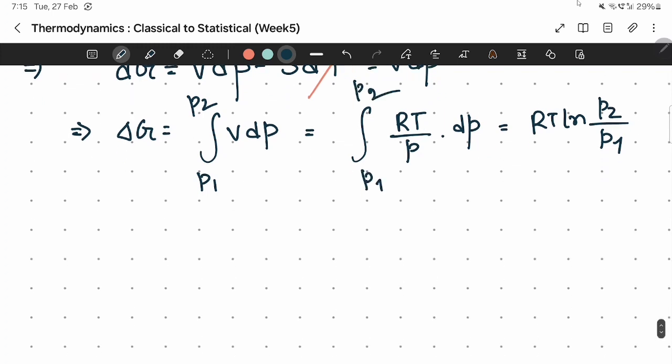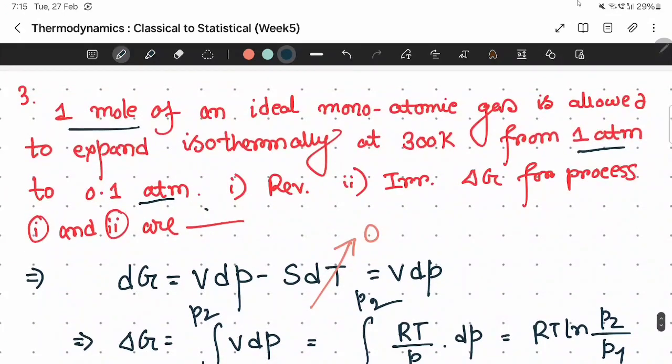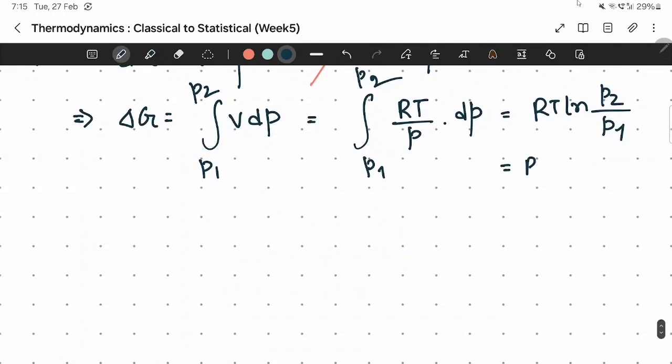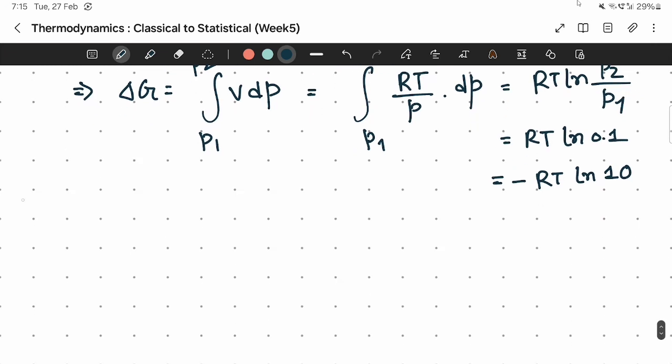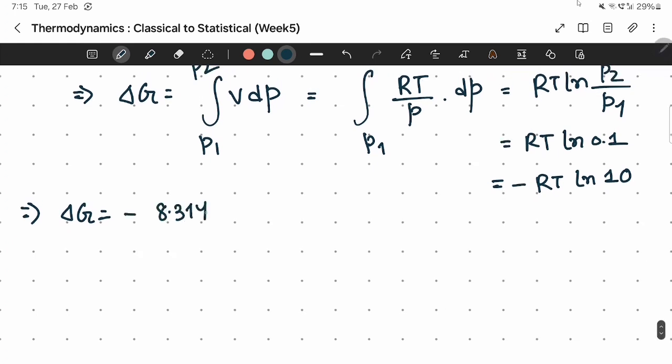Okay, so what is P2 and what is P1? P2 is 0.1 and P1 is 1. So it is RT ln 0.1 or minus RT ln 10. Now, delta G will be, what is R? Again, it is asked in kilojoule. So again, we have to use 8.314. What is T? That is 300 eventually.